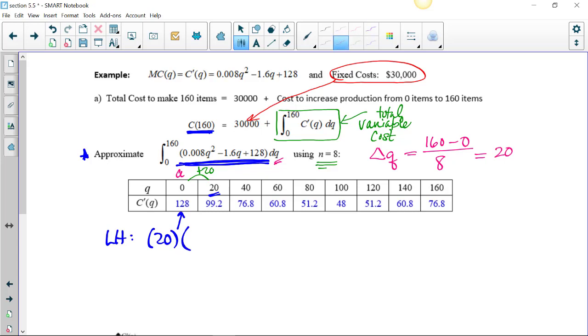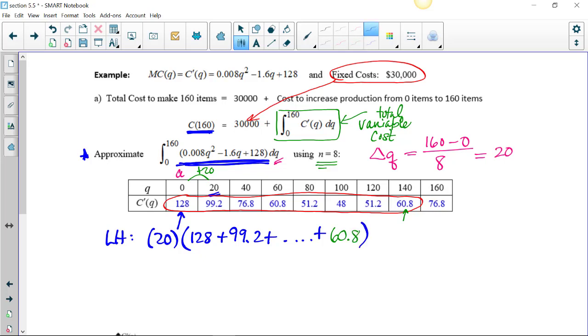We add up the heights. And remember, if we're doing the left, we use the first 8. Okay? And because of time, I'm not going to write them all down, but give you an idea of which ones you're adding up. So our last value, if we're doing a left-hand sum, would be this one right here. So it'd be 60.8.